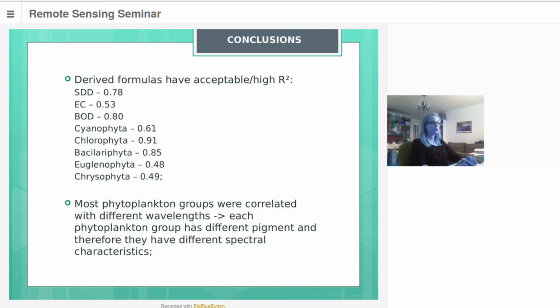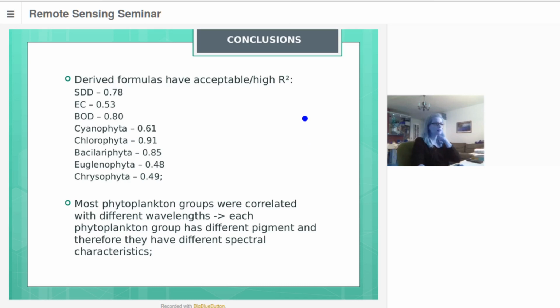The derived formulas have acceptably high R squared, which is for depth 0.98, electroconductivity 0.53, BOD 0.80, and phytoplankton from 0.91 to the lowest 0.48.